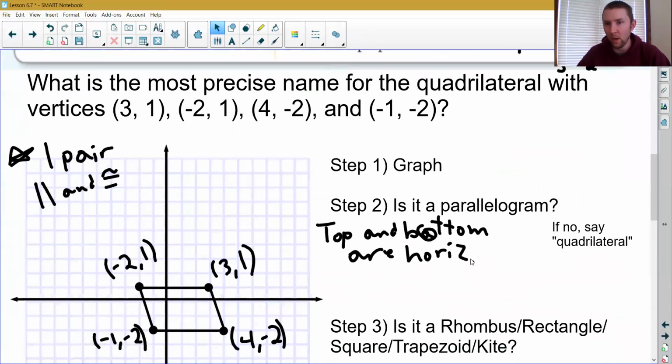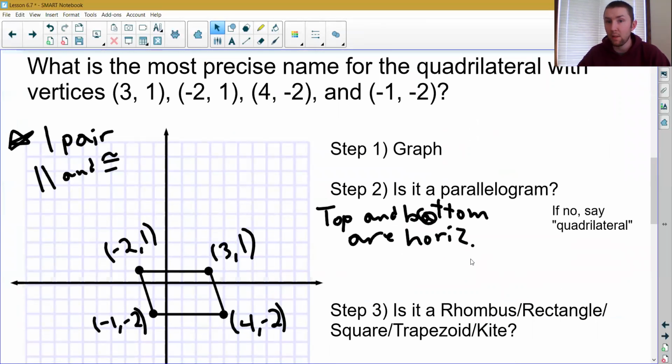Because I can just count the squares, and that gives me the length of that side. Now, for example, this side length here, I cannot count squares going 1, 2, 3 like that. I can't do that when it's not horizontal or vertical, but I can do that when it is. So here, I'm just going to count 1, 2, 3, 4, 5 squares. So that length right there is 5.